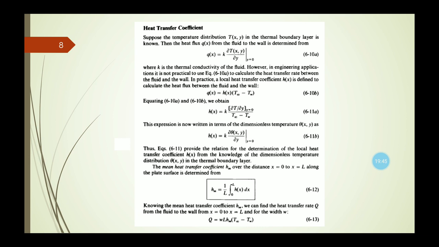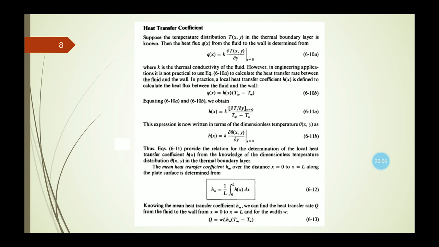The equation is qx equals to hx multiplied by the temperature difference, T infinity minus Tw. Now if we equate these two equations, we get hx equals to k del T del y at y equals to 0 divided by the temperature difference.